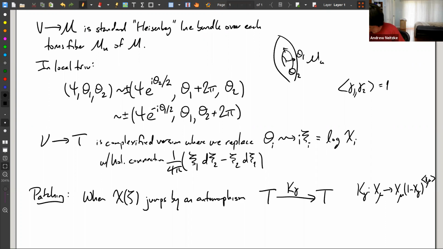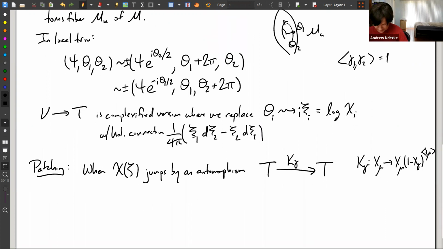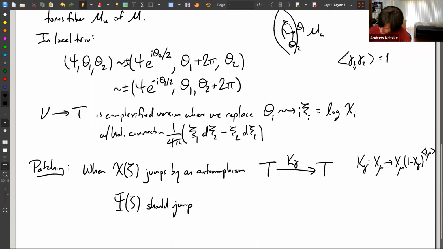And what we need is that our map of bundles has to also jump. So what we have to do is lift this map K gamma to a map of bundles.